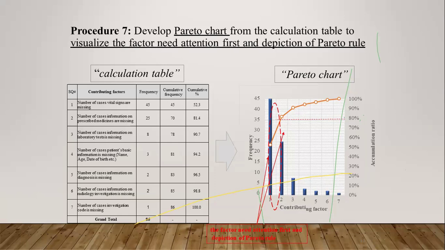When we move to step 3, what we are carrying along are not all the contributing factors. Since we have prioritized, we are taking what has fallen as our vital few. All the contributing factors that have fallen on our left side, the vital few, we will have a fishbone for each one of them.